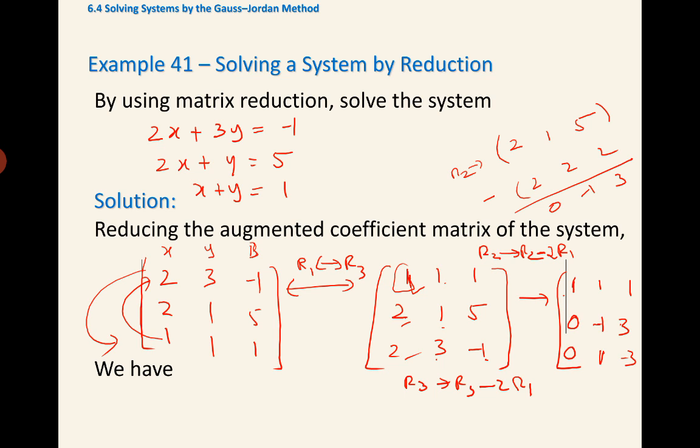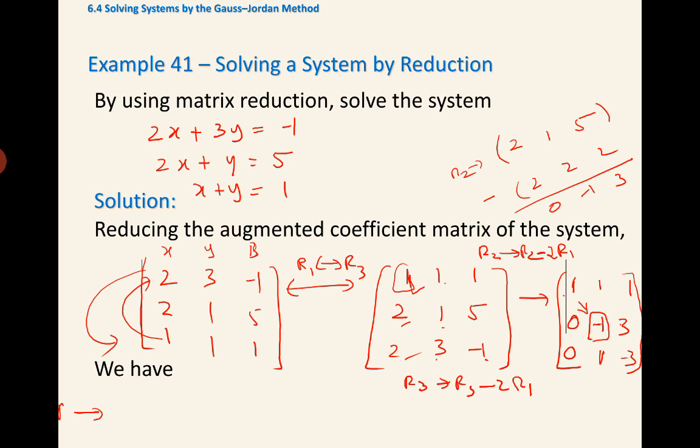Now you see, the last two rows are similar. When you make the column elements 0, we need positive 1 here, so that we get the leading element on the right side of the previous element, isn't it? So we can multiply by negative 1 or exchange these two rows, whatever is possible. I am going ahead with the multiplication.